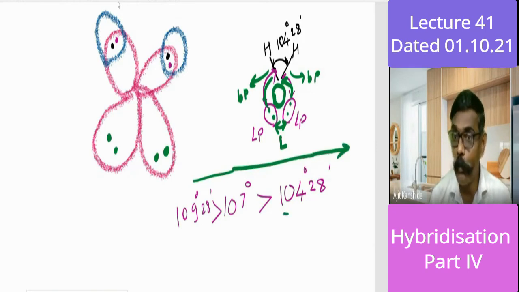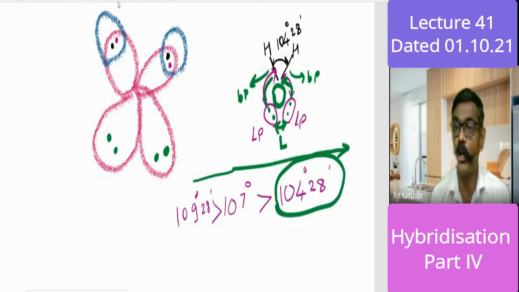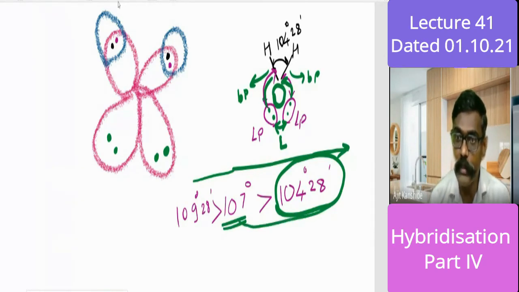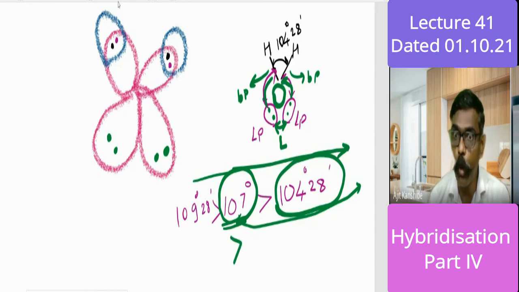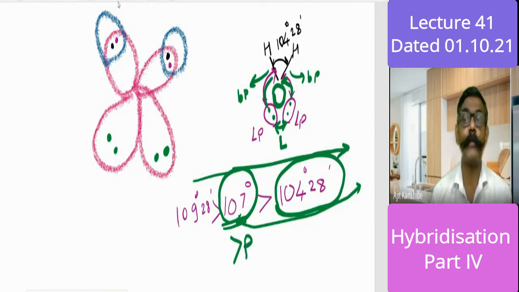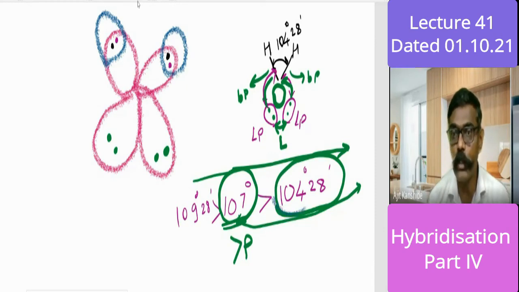When the angle is 107 degree, towards 90 degree, it means the orbitals where this bond angle is measured will have more p character. That was my conclusion.